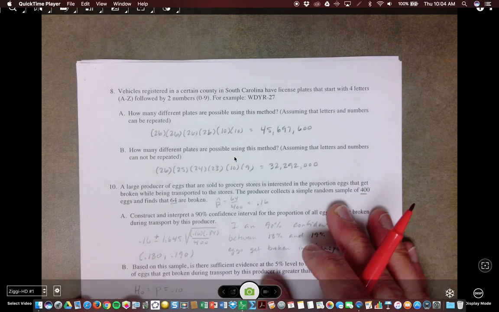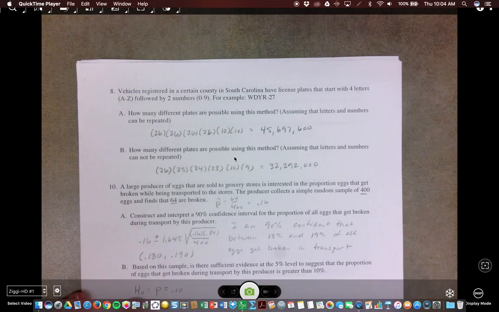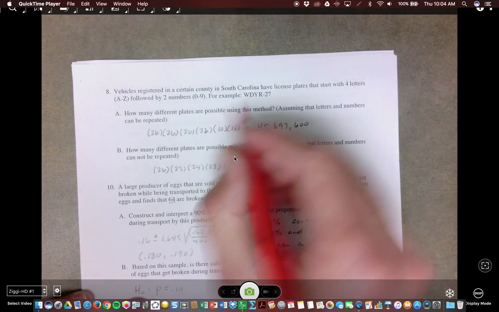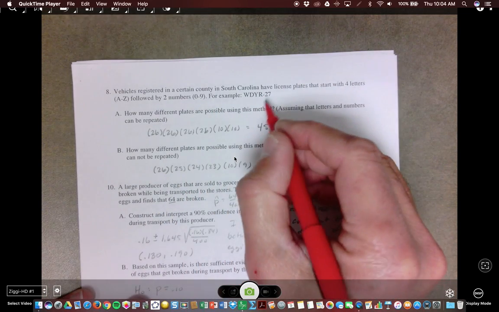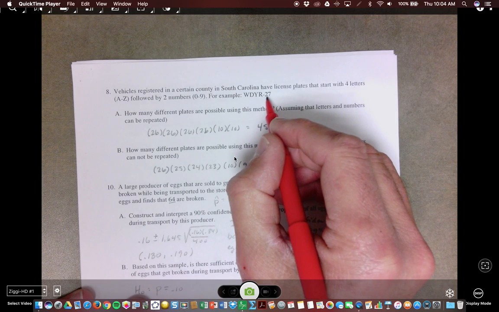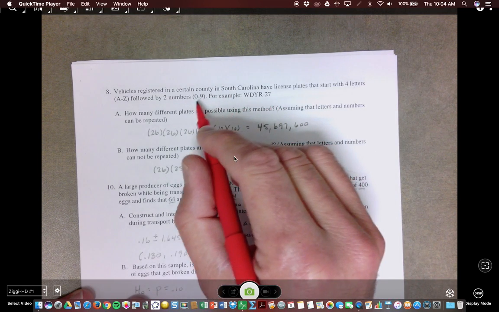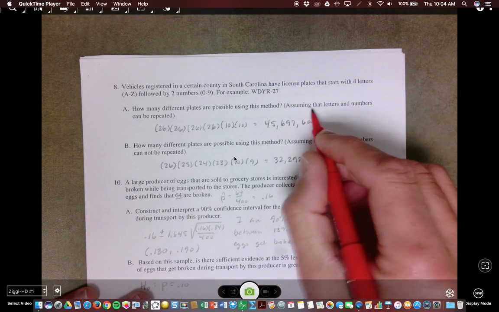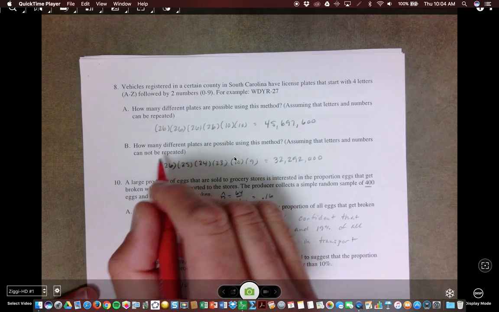We had a question kind of like this on, I think, maybe the first or second exam. Suppose that you've got license plates that are made up of 4 letters and 2 numbers, and you want to know how many different license plates you can make using this method. And this one, we're assuming that the numbers and the letters can be repeated.